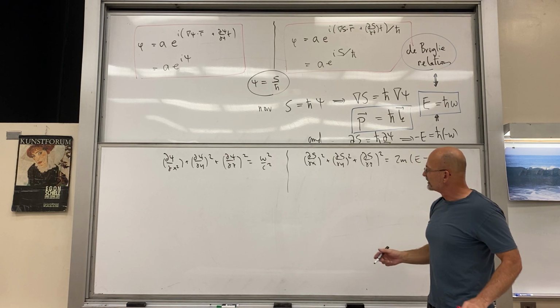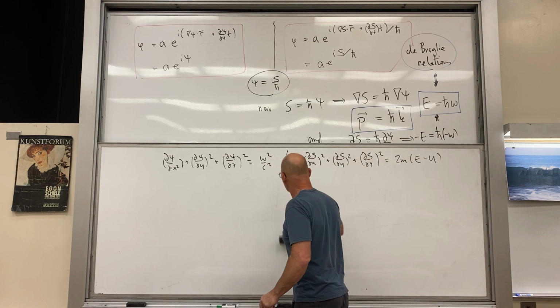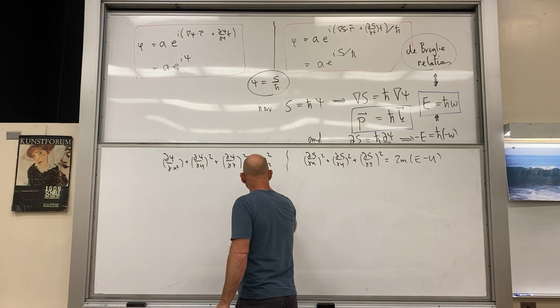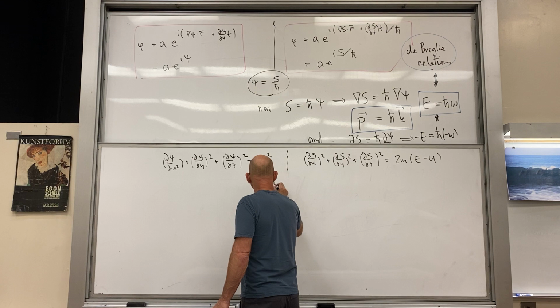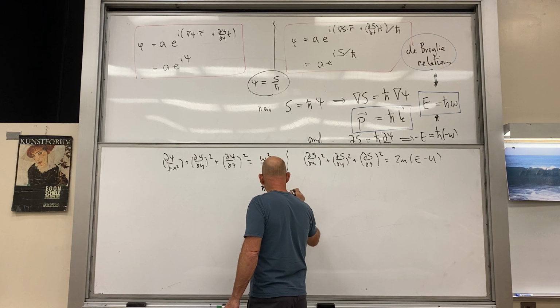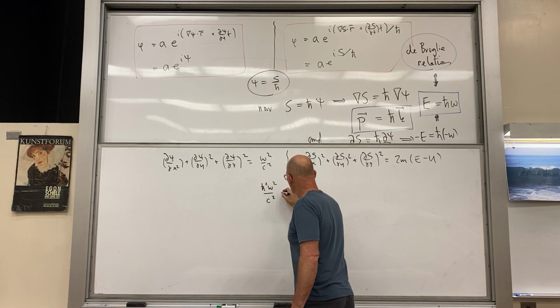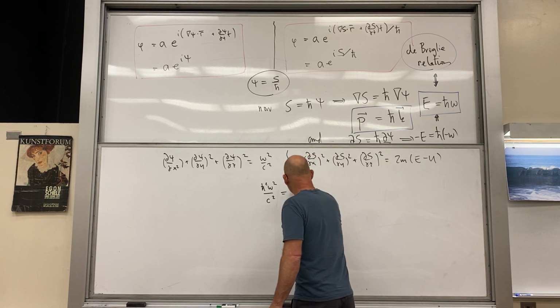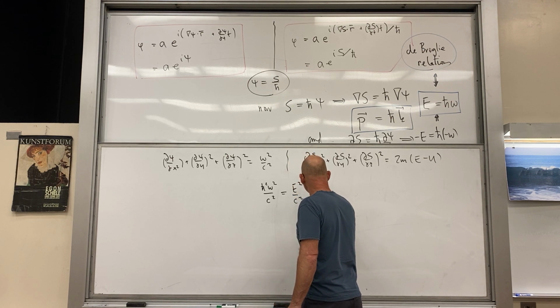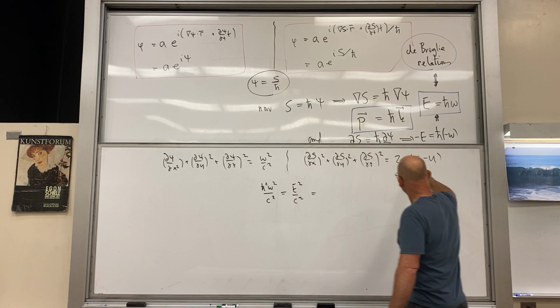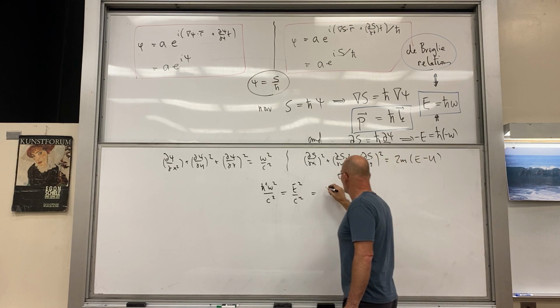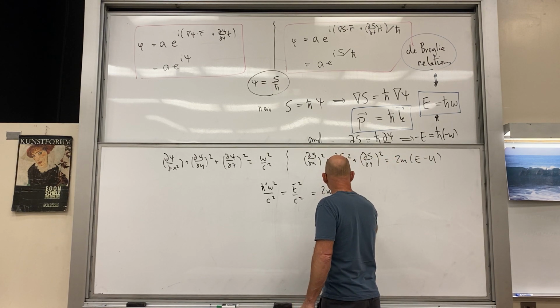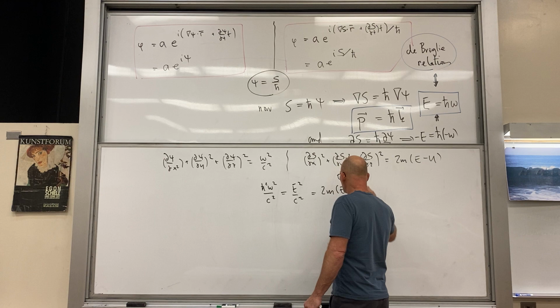So that gives us h bar squared omega squared over c squared, but h bar omega is equal to E, so that equals E squared over c squared, equal to the right side here, 2m(E minus U).